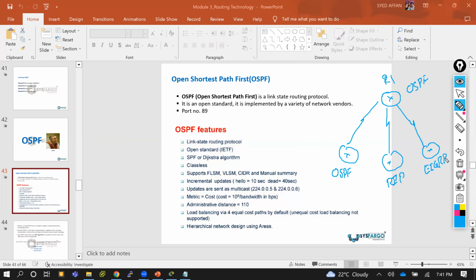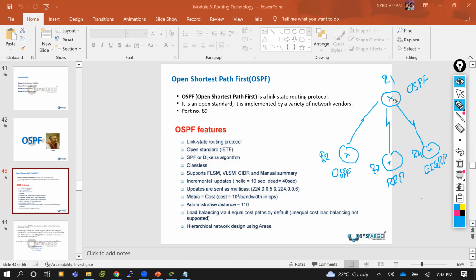Router one is connected to three different routers, but on the other ends we have different protocols. Here EIGRP is implemented, here RIP is implemented, and here OSPF is implemented. Consider this is router 2, this is router 3, and this is router 4.